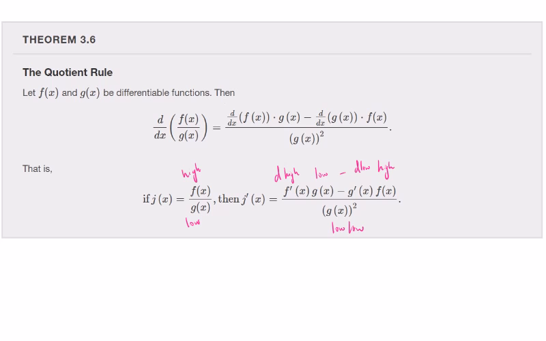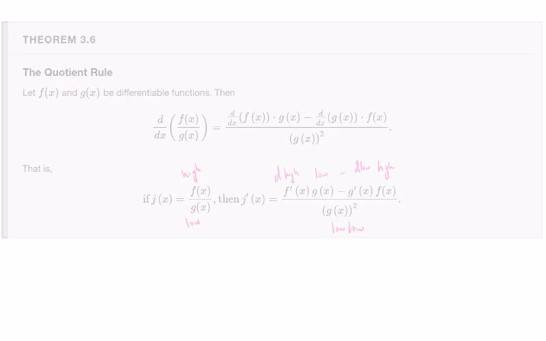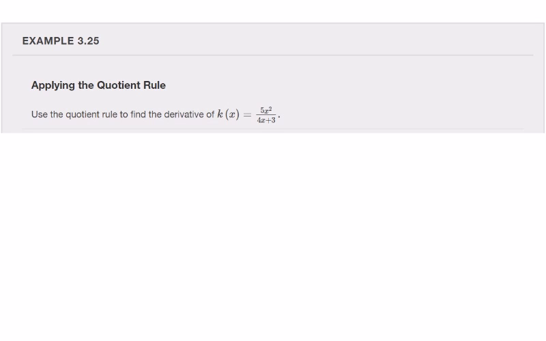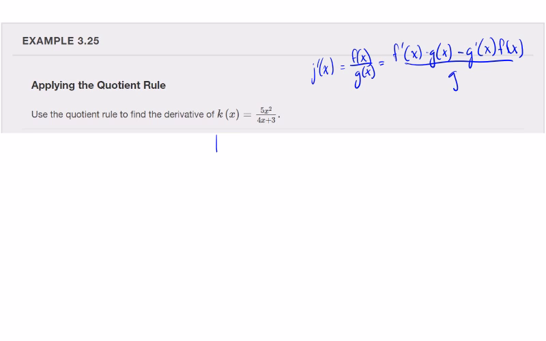So that's one way to think of it. All right, so one way or the other, that is the quotient rule, and let's see it in use here. So we're using the quotient rule to find the derivative of this function here. Let me write it out here. If we have j prime of x, where j of x is f of x over g of x, then remember it's f prime g minus g prime f all over g squared.